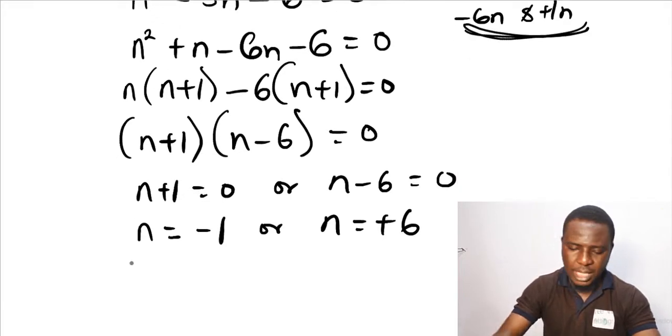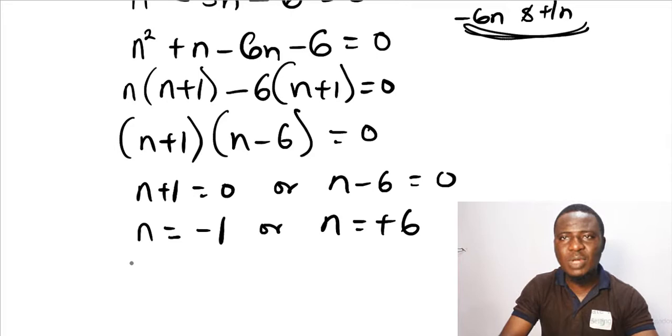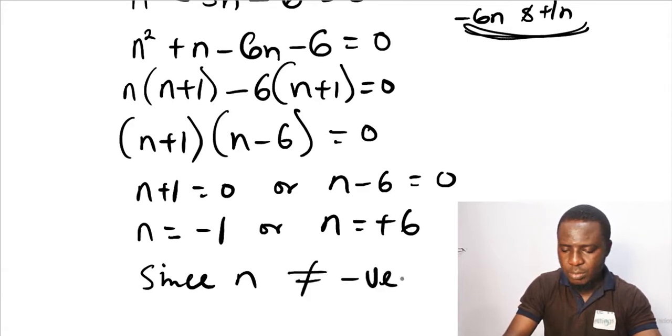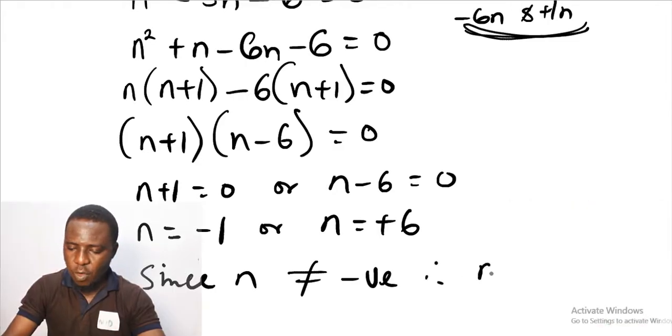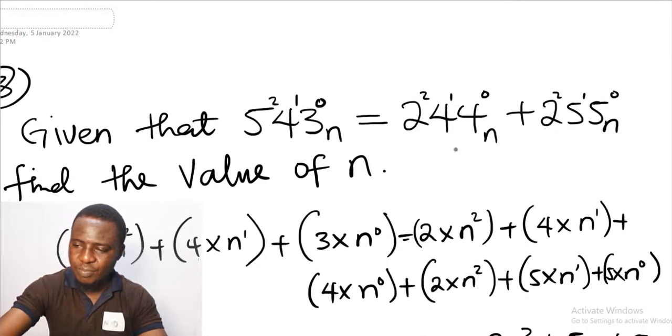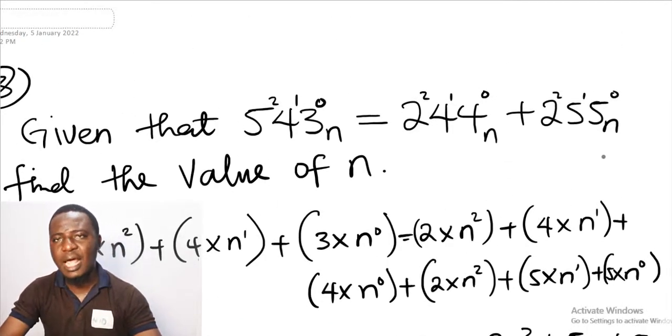But just like we said, n cannot be negative because we are dealing with a number base system, and a base cannot be negative. So since n cannot be negative, therefore n is equal to 6. So it is only in base 6 that this can happen.